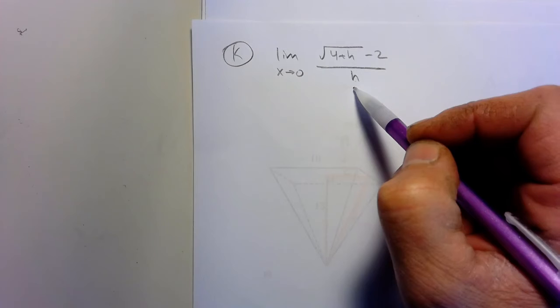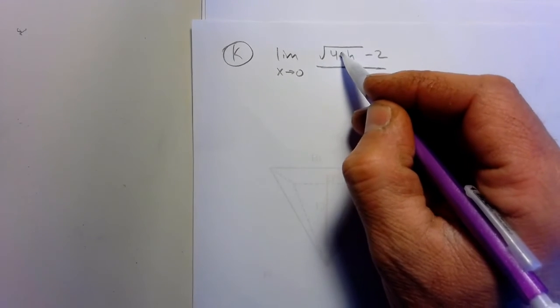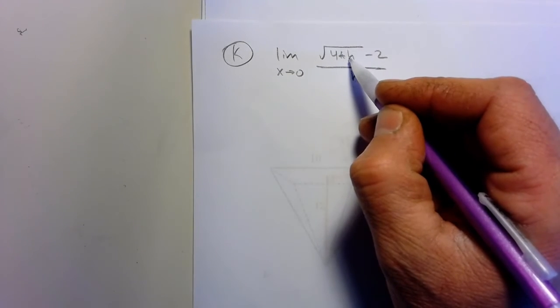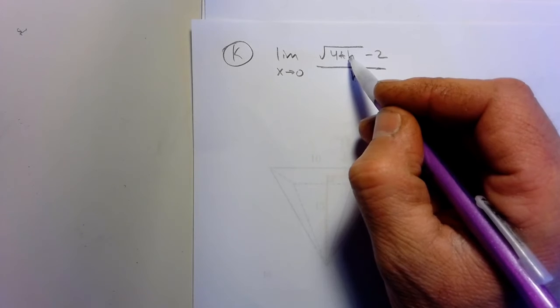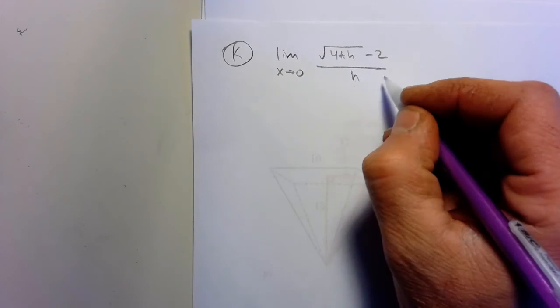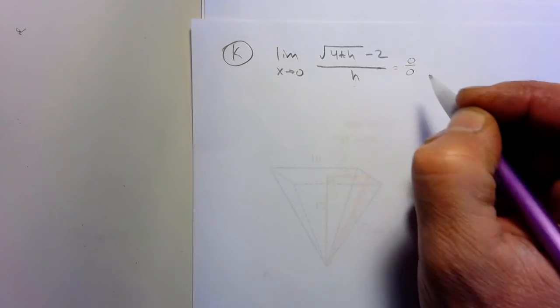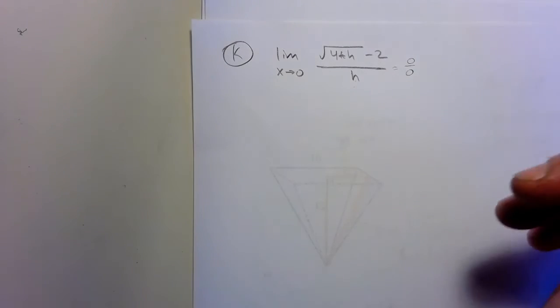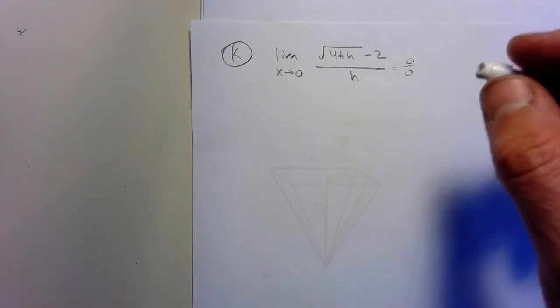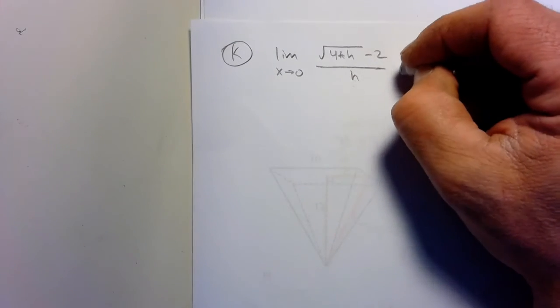So let's see what the top's going to do. If I plug in 0 here, 4 plus 0 is 4, square root of 4 is 2, minus 2 is 0. So if I just do a straight plug-in, I get 0 over 0. And as I told you, 0 over 0 means you're missing something. You're going to have to reduce. So for this one, we have to figure out how to reduce this one down.